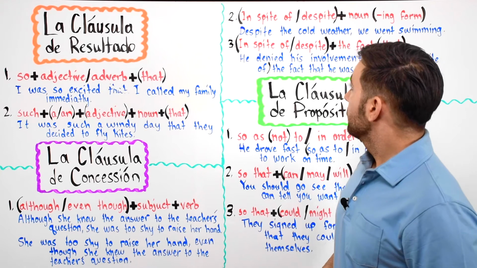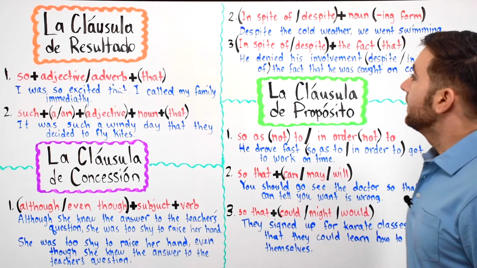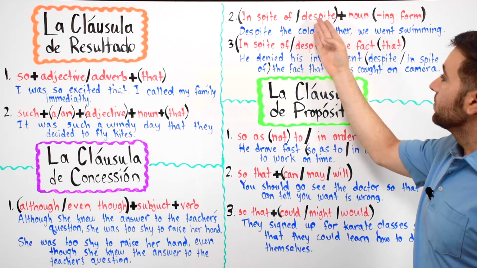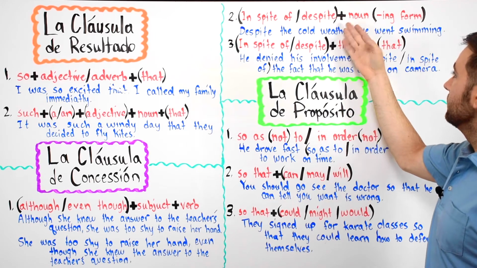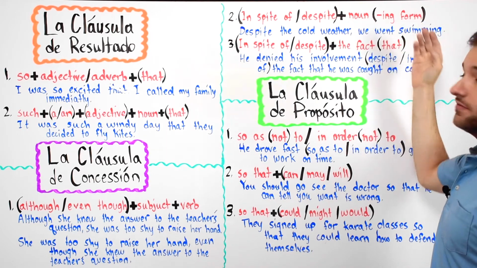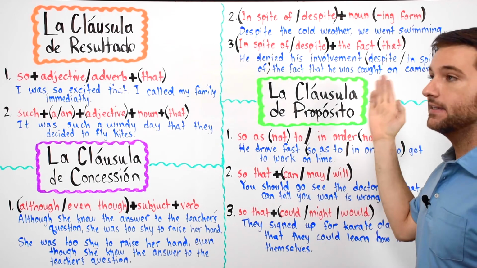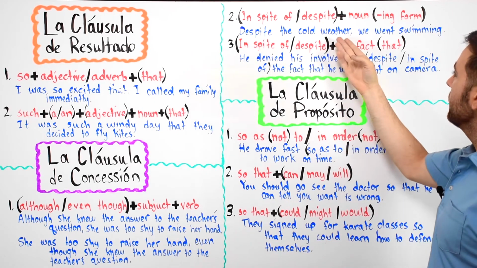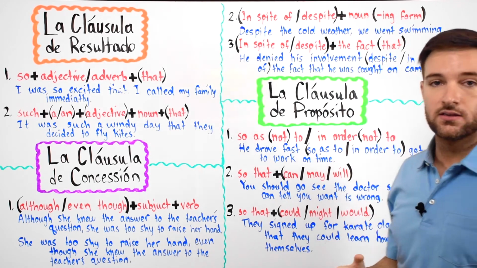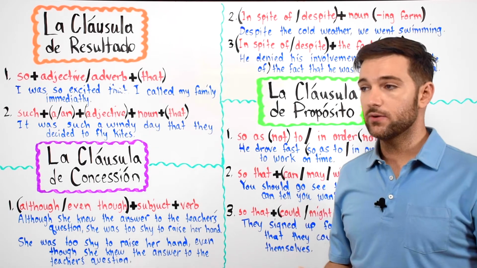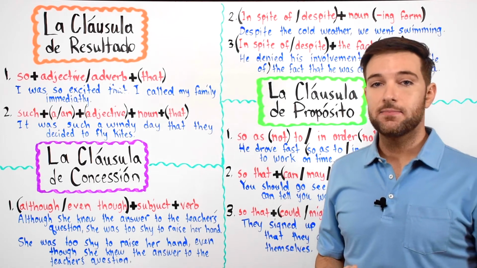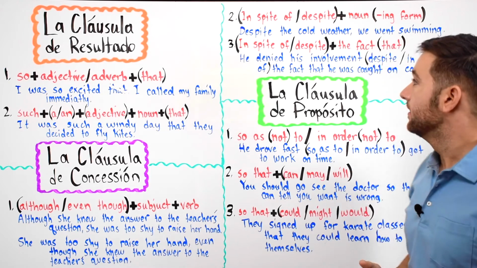All right. A continuación tenemos in spite of or despite plus un sustantivo, plus a noun in the ing form. So ing form. Despite the cold weather, we went swimming. A pesar del clima frío, fuimos a nadar.